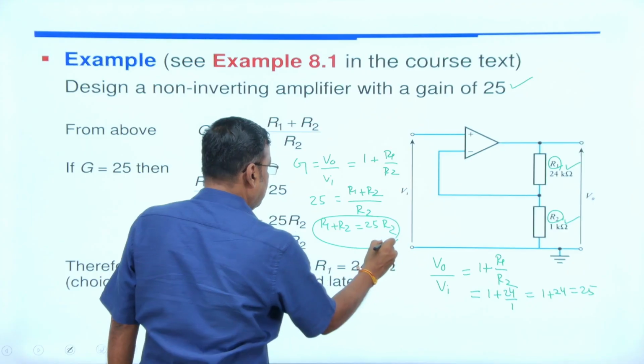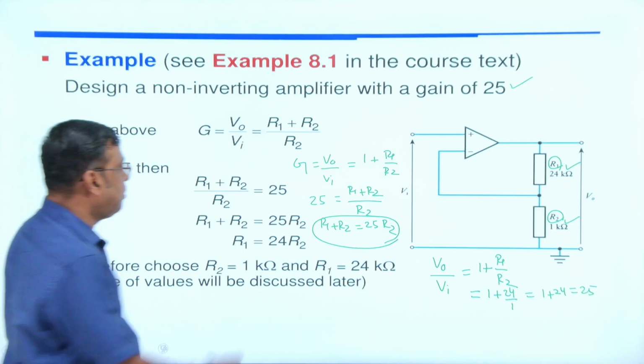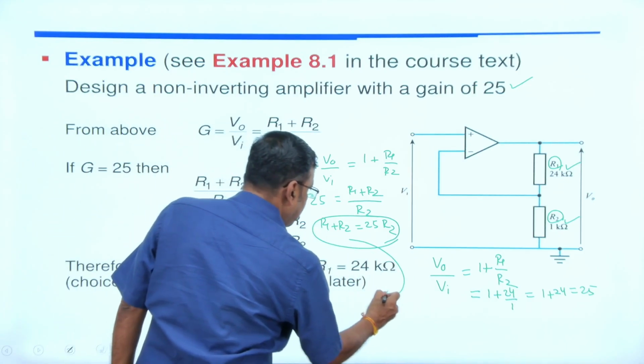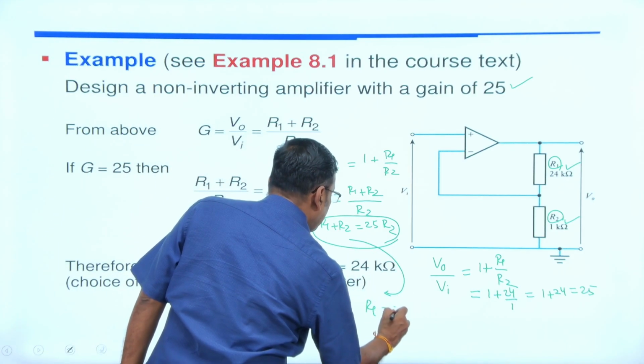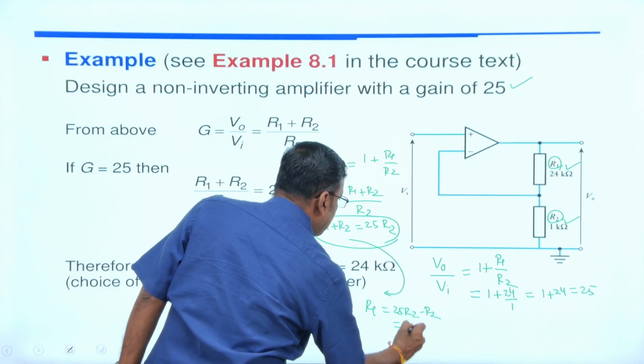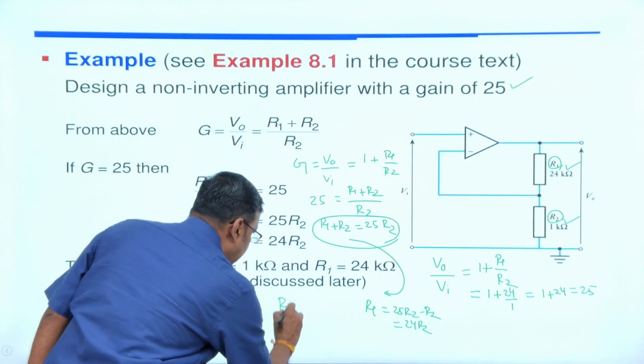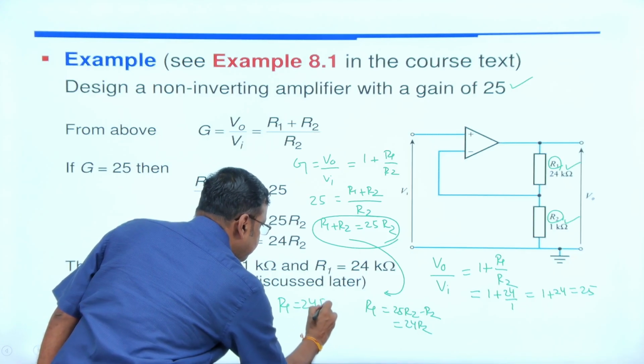Or R1 equals 25 R2 minus R2, which is 24 R2. So the R1, R2 relation is R1 equal to 24 R2.